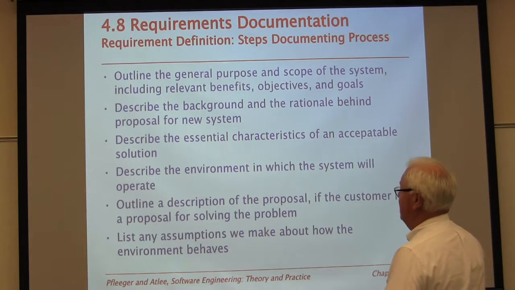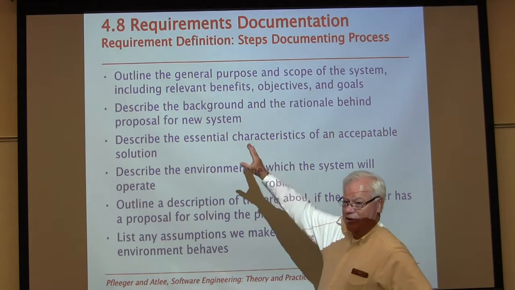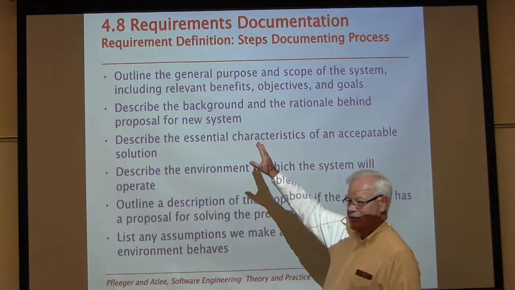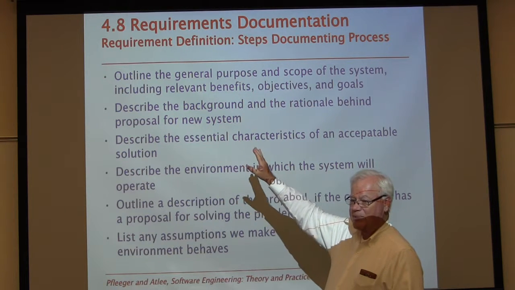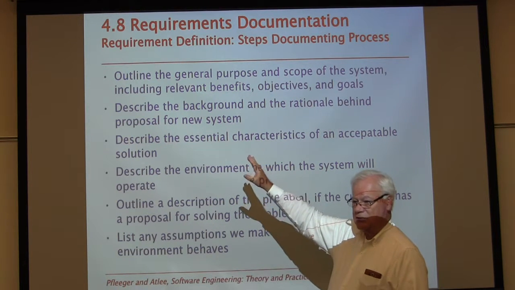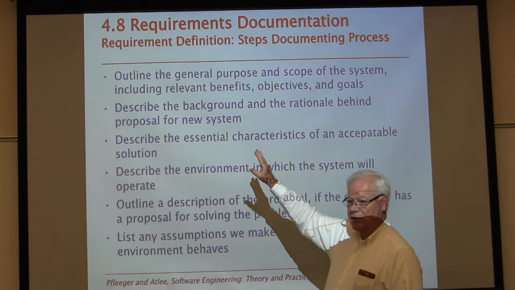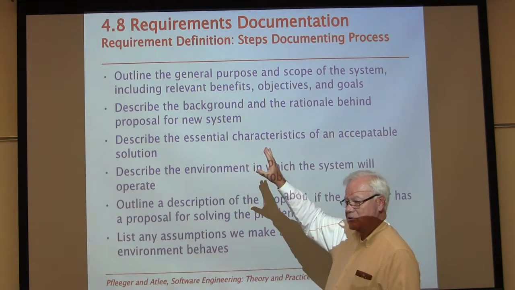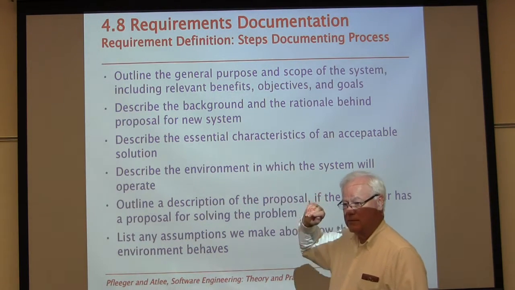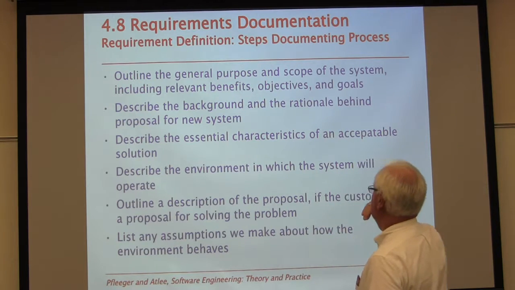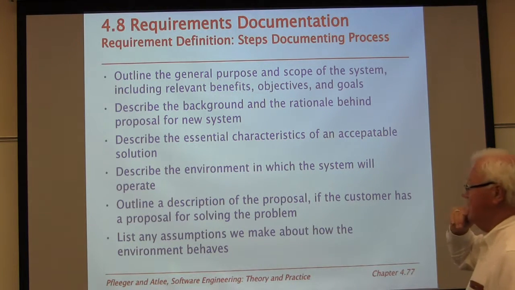And, you know, a story, what's the background of this? Why do they need one? What happened in the business or in the entity that made it necessary to build a new system? So what's the background? And what's the rationale?